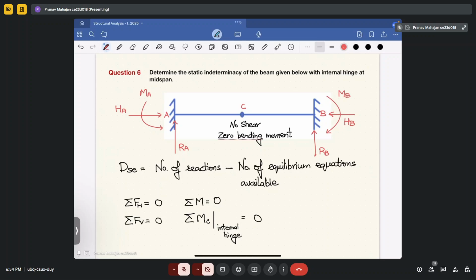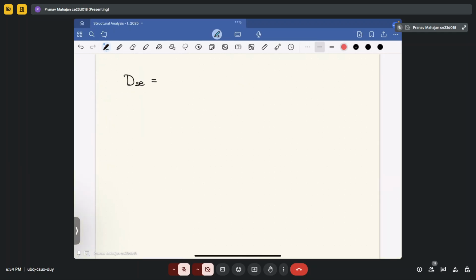Okay. So 3 plus 3, total 6 reactions are there. So 6 minus number of available equations, 4. So your DSI, or you can say degree of static indeterminacy, will come out to be equal to 2.